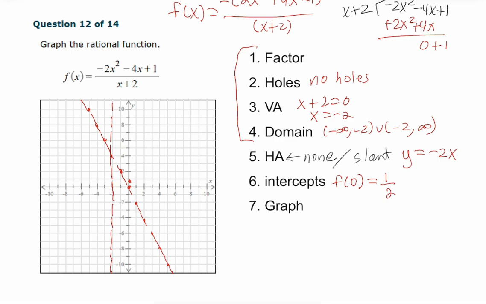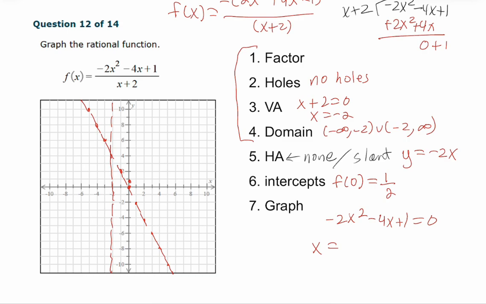If you do the x-intercepts, you've got a little work to do, unfortunately. We're going to use the quadratic formula. I don't think it's anything really that good, but let's do it.